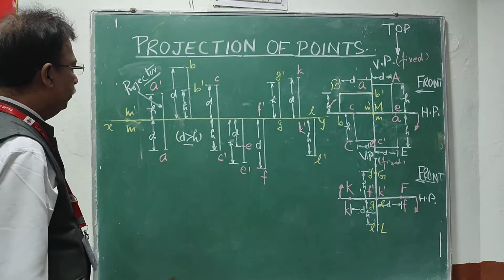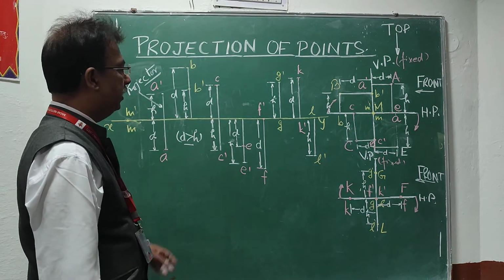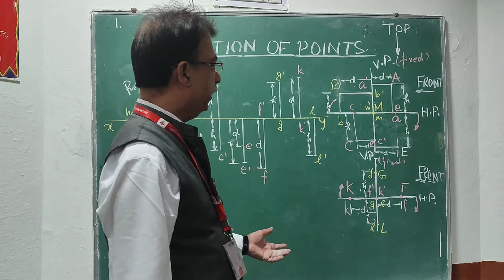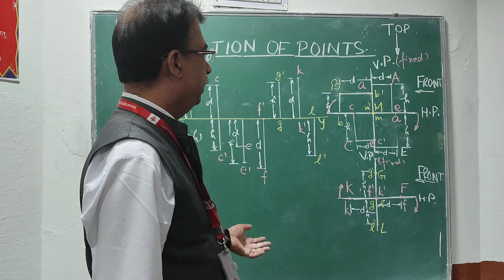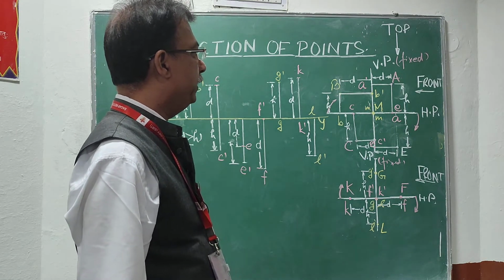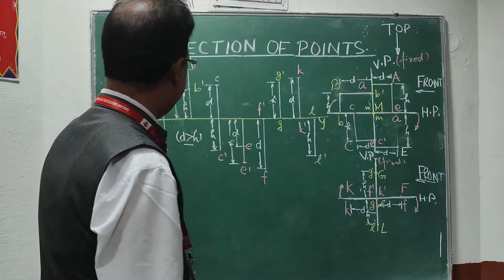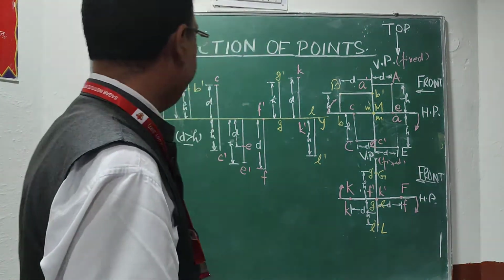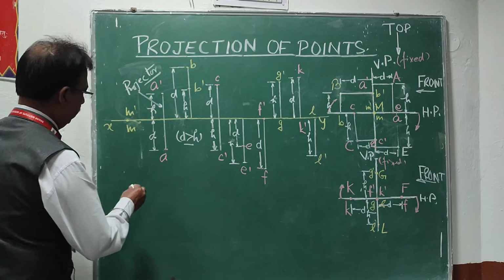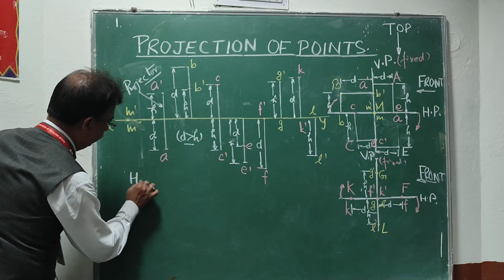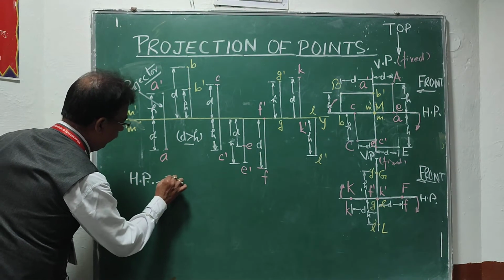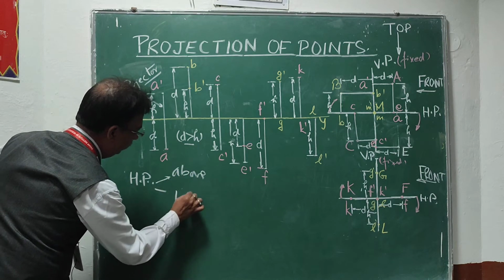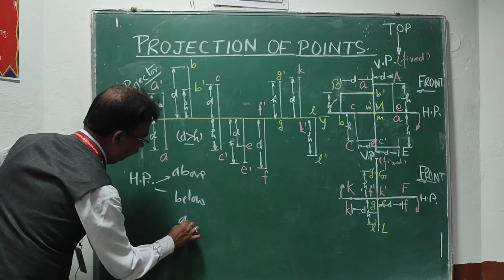Now if I want to conclude with some concepts, I want to generate some concepts from this. With respect to HP, there are only three possibilities of any point. A point can be above HP or below HP or maybe on HP. So with the HP, the point can be above, below or on.